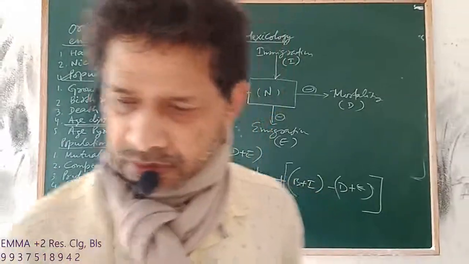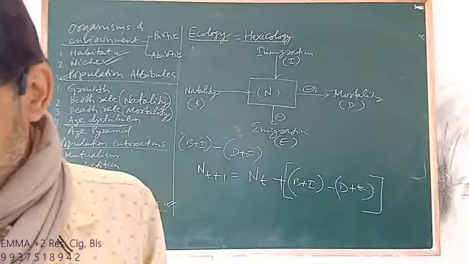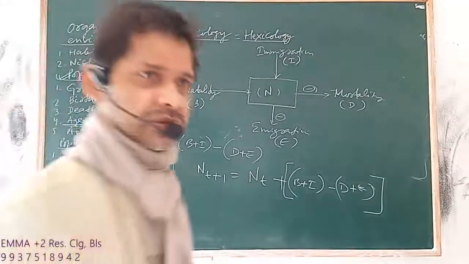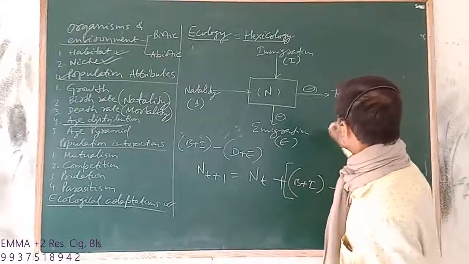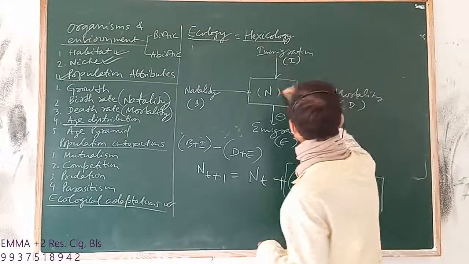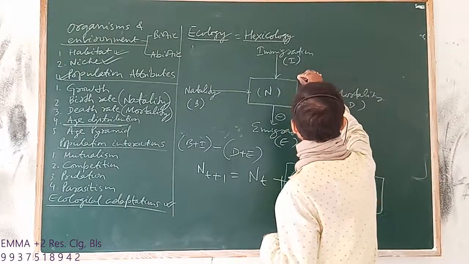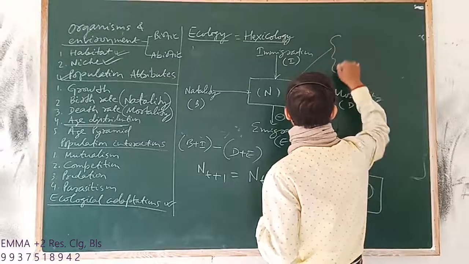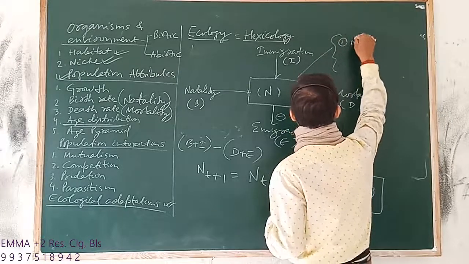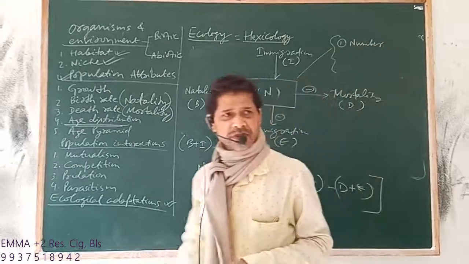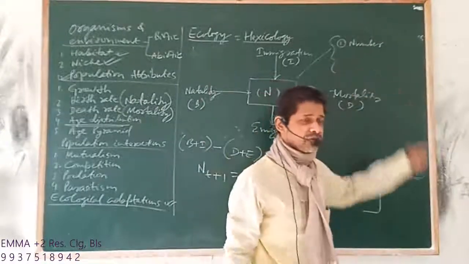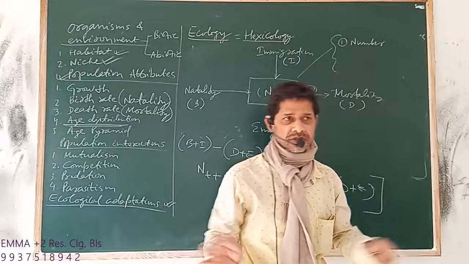So population density means population size of the population. So size or density of the population can be determined by the number of individuals. Sometimes the number of individuals may be erroneous.